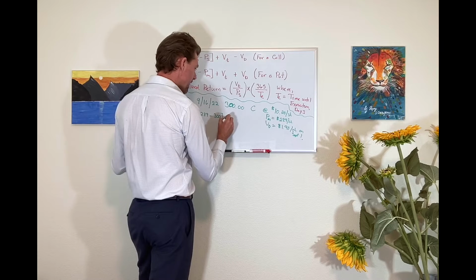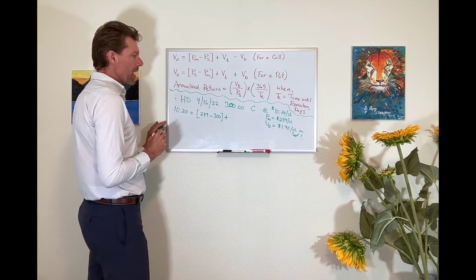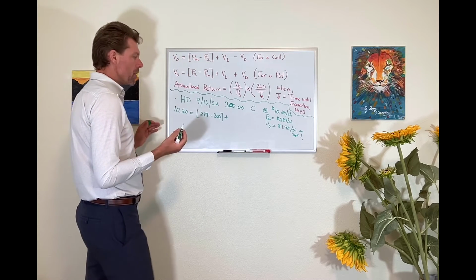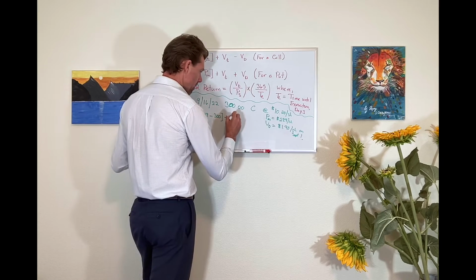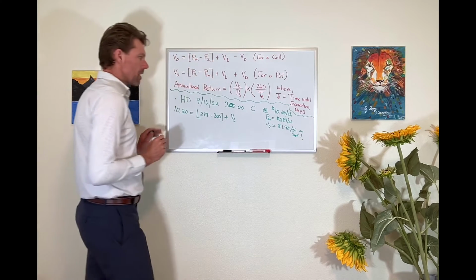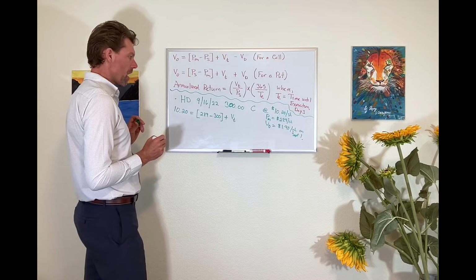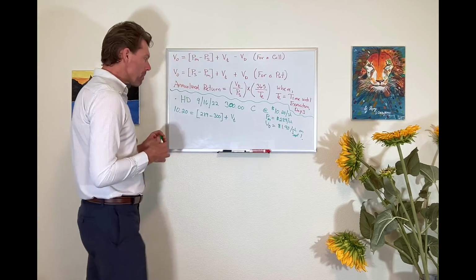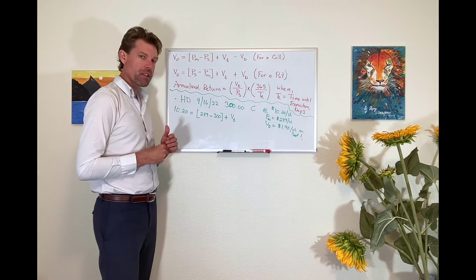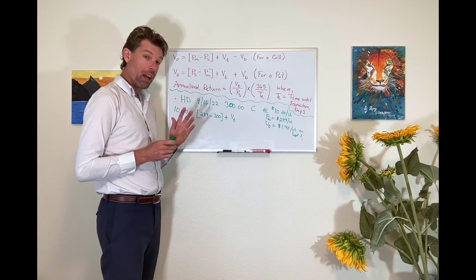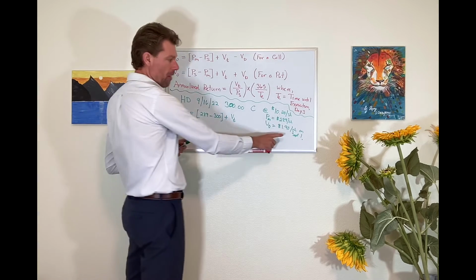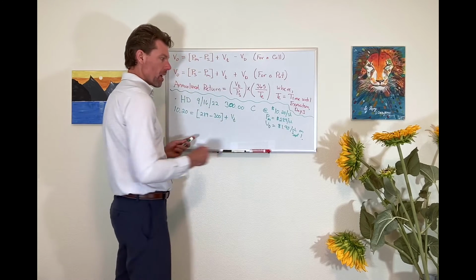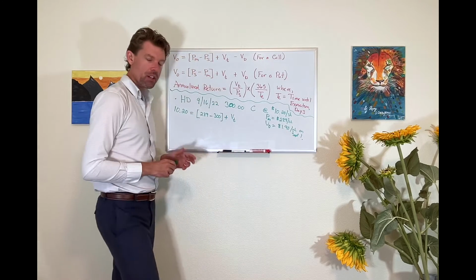Plus VT. What's VT? Well, that's actually the unknown. So we're going to put the time value is unknown, and then we have VD. Now, this option expires on September 16, and we have one payment until then in the amount of $1.90 that occurs on September 1st.